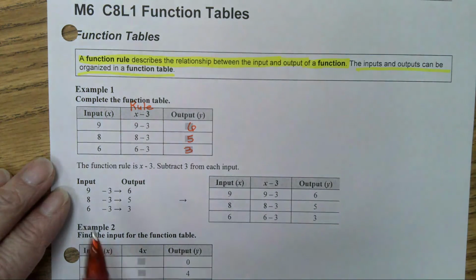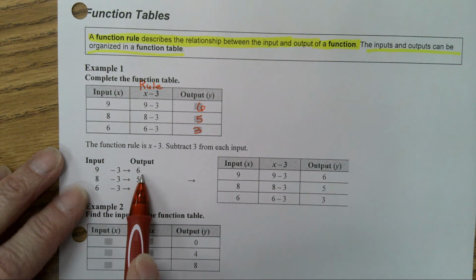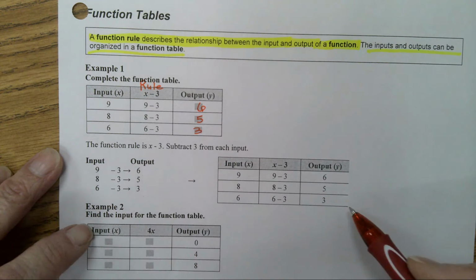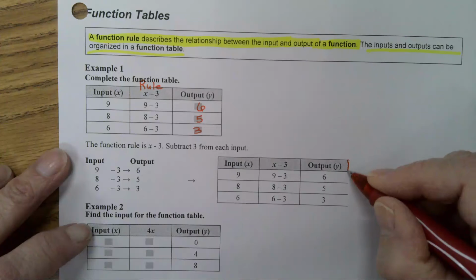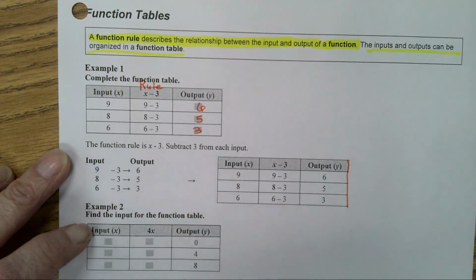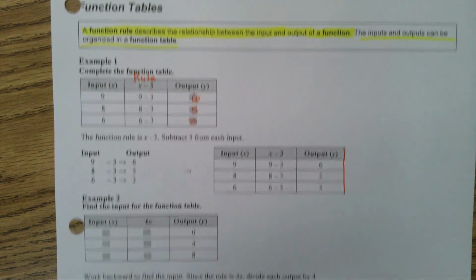All right, here we have an input of 9. 9 minus 3 is 6. 8 minus 3 is 5. 6 minus 3 is 3. And here, that's just the answers to what we had up there. Any questions on that example? Very, very easy. Now let's look at the next one.